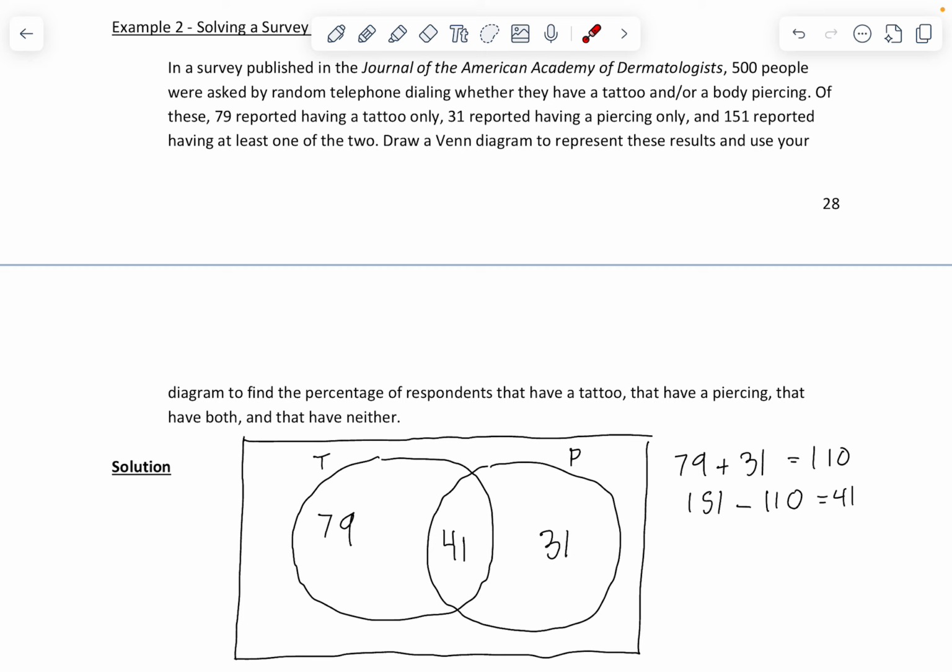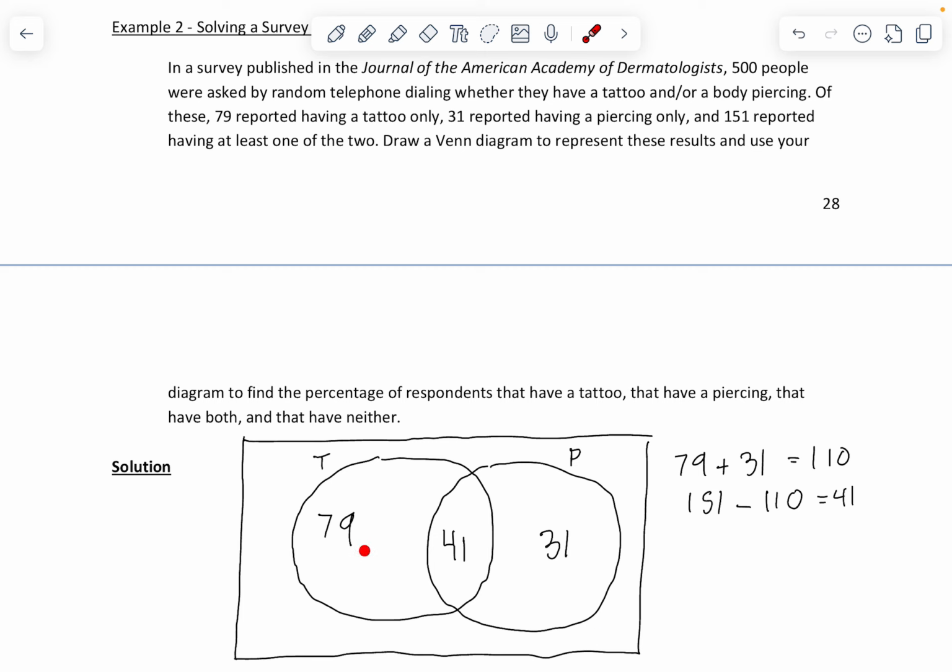Okay, so far I have a number in 3 of the 4 regions. The region that I don't have a number in is this region outside the circles. To figure out what goes there, I have to know that the survey incorporates 500 people. So everything that's left goes here.